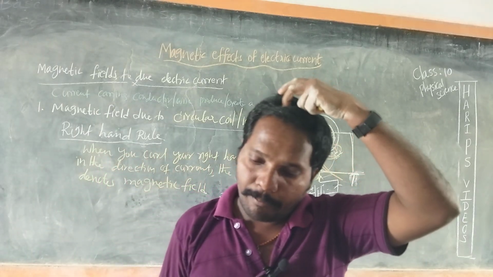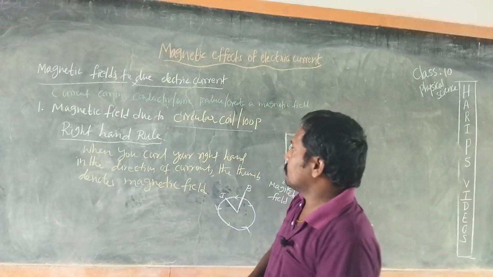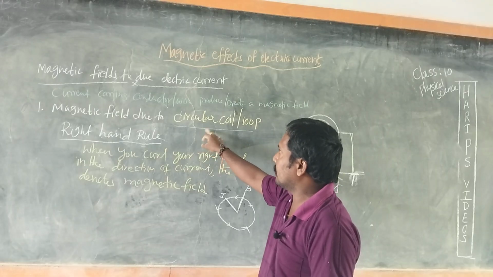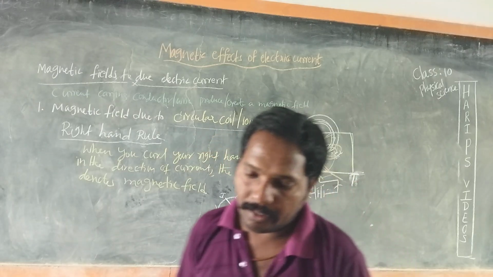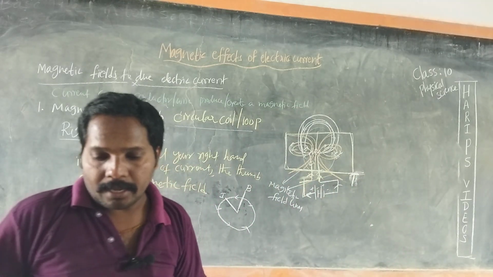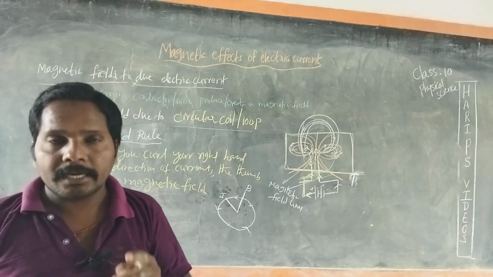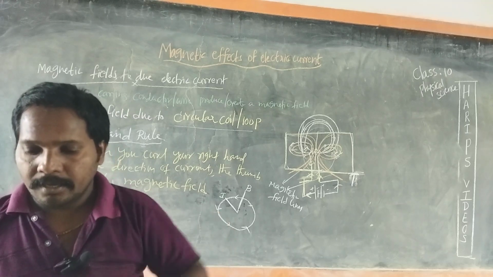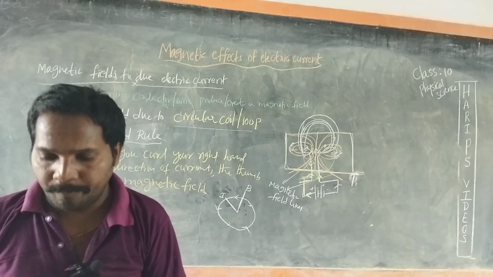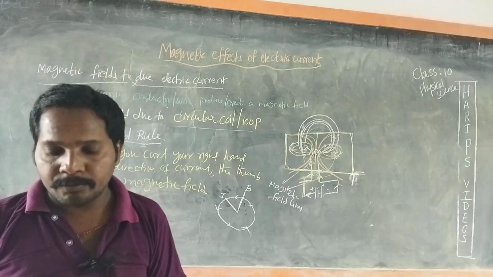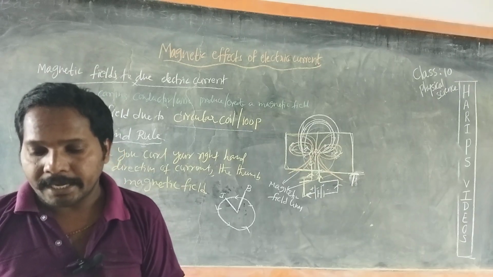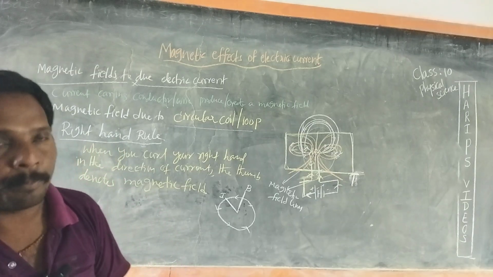The magnitude of the magnetic field produced by a current carrying circular coil at the center is directly proportional to the current passing through the circular loop or wire and inversely proportional to the radius of the circular loop.